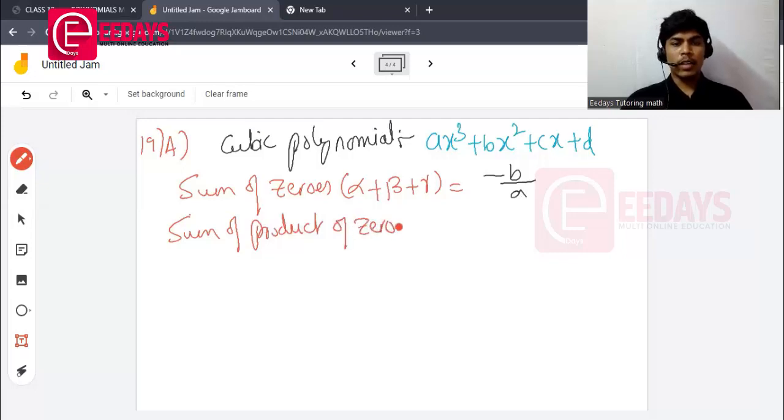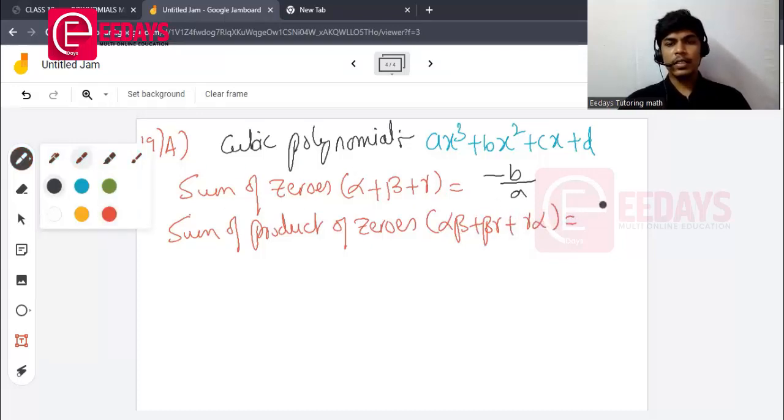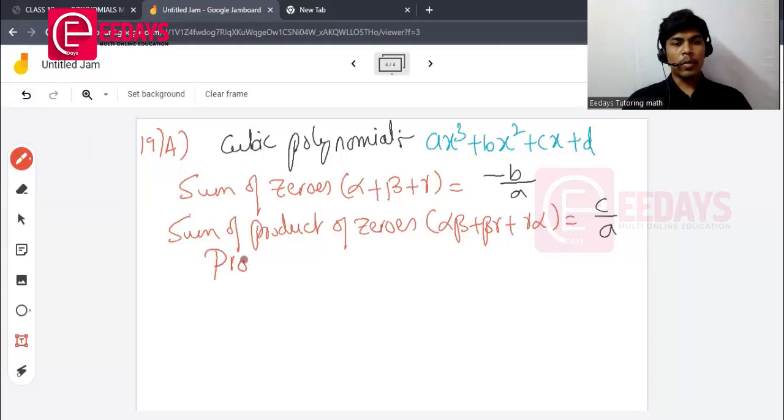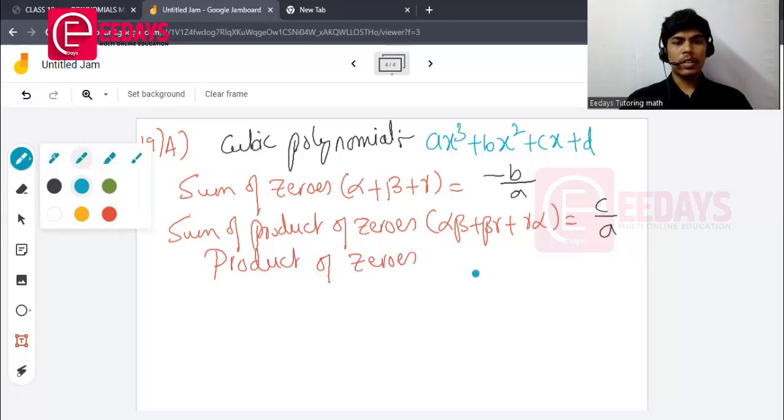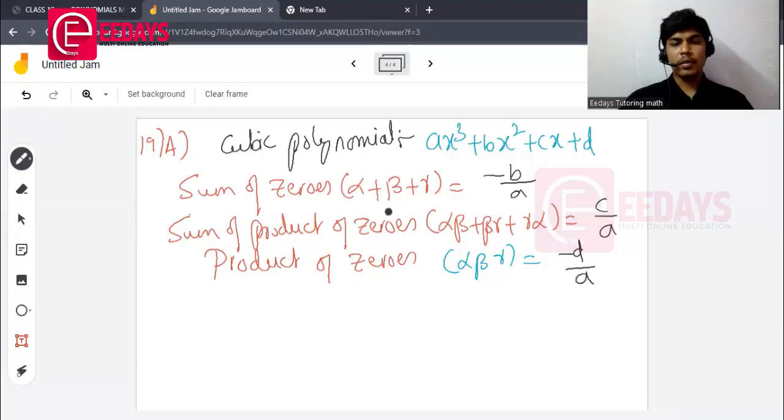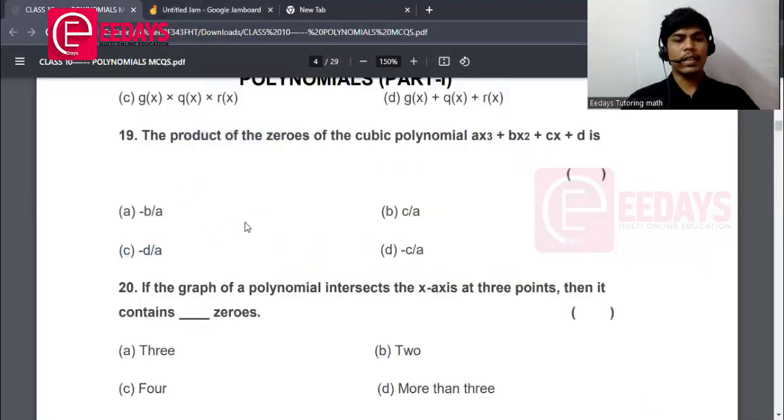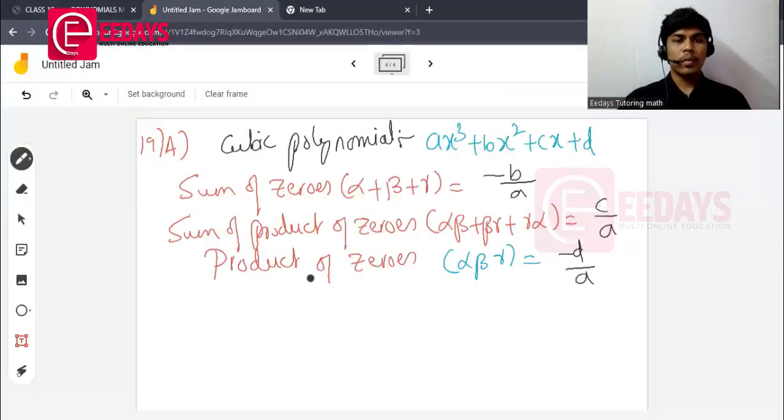If you revise the concept every time, you will never forget it. And now only the product of zeros, that is alpha into beta into gamma, is equal to minus d by a. Option C is the correct answer.